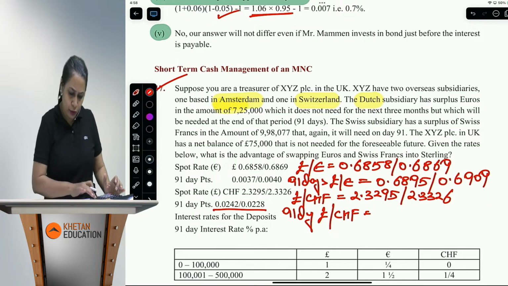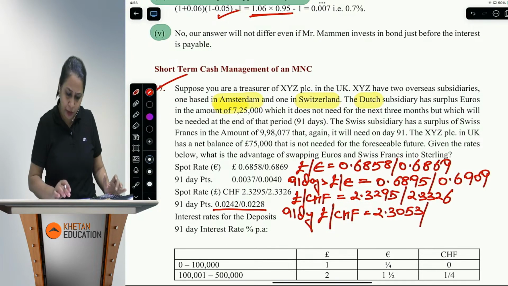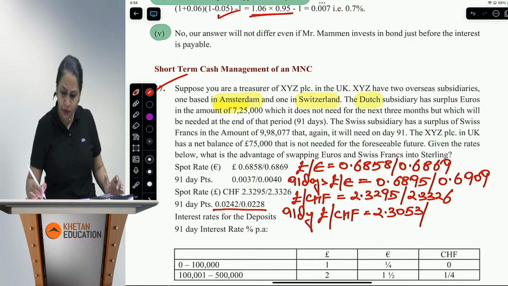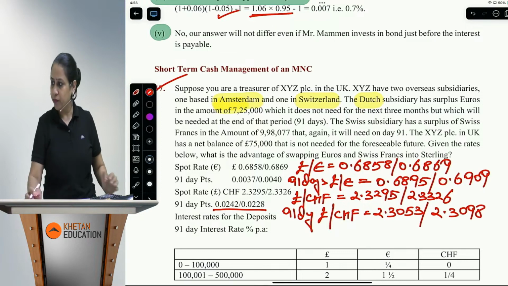This is high low, so minus 0.02, and you will definitely fail to register that part. And 2.3326, then I'm just doing so that you can check out on the rates. 3098, yes, thank you.